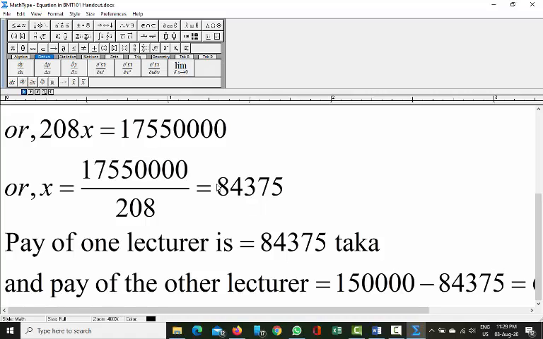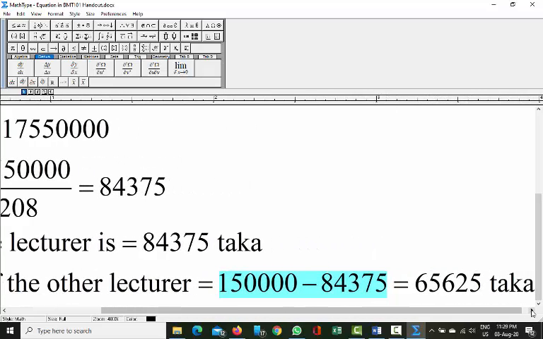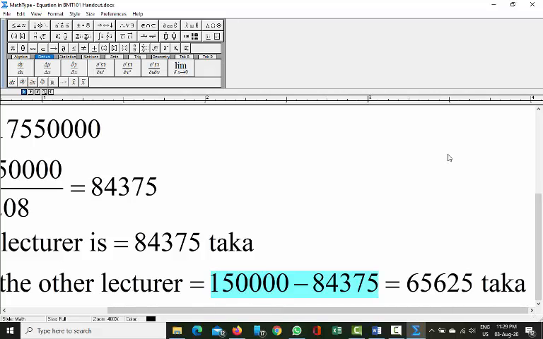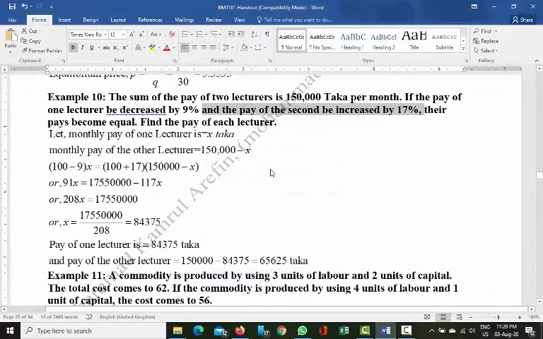So the pay of the first lecturer is this one, and the pay of the second lecturer will be 150,000 minus this one. So that means 65,625 taka. So this is the pay of the second lecturer.